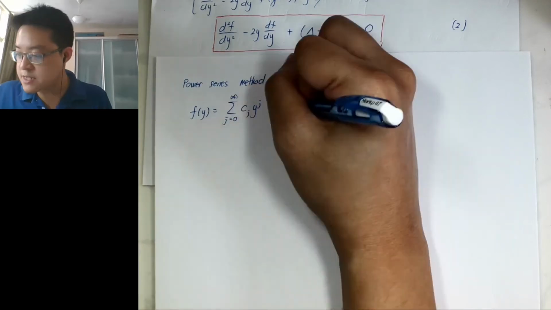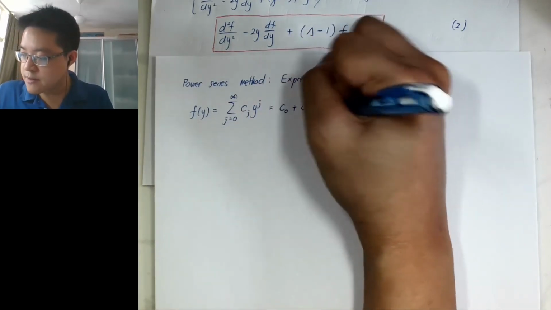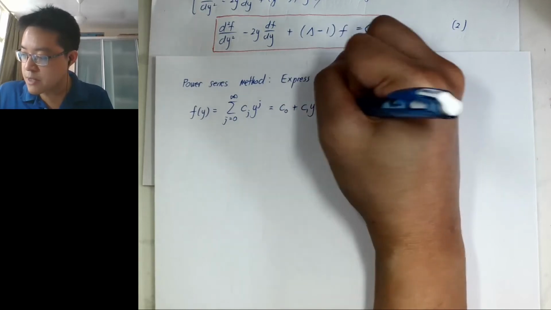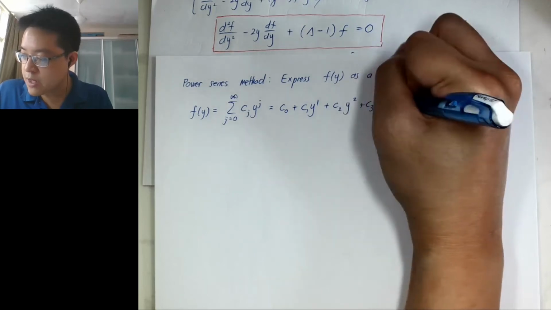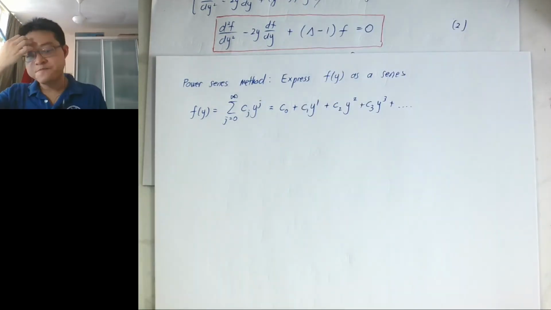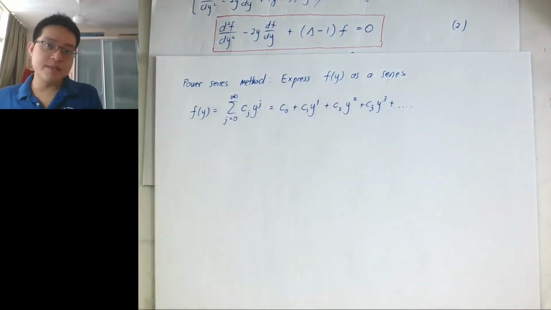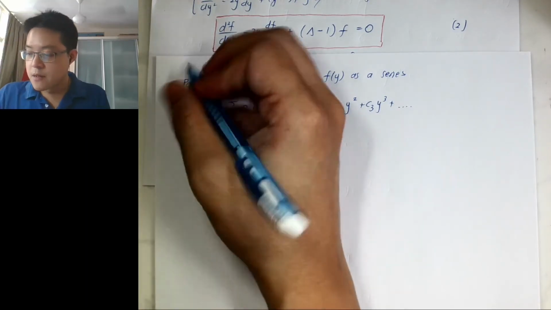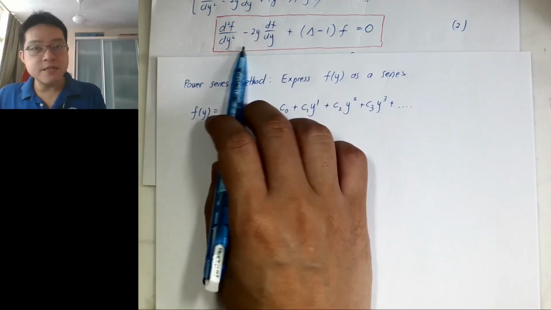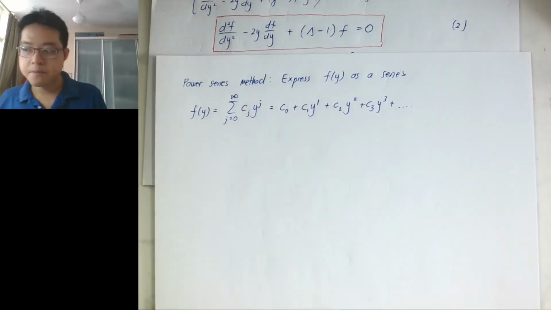So the first term is y to the power 0, then j equals 1 is y to the power 1, then y squared, c3 y cubed, and then y to the power 4, y to the power 5, forever. But c_j may or may not be 0, so we need to figure out what c_j is. So we need to substitute this into the equation and make sure the right hand side is 0.